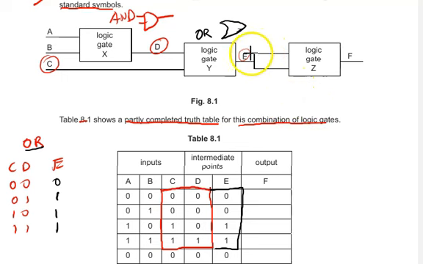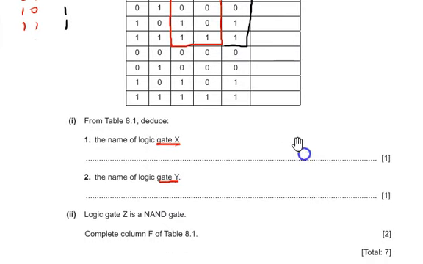And the OR gate's signal is divided into 2, and that goes to the logic gate Z. So we just have to write it down here. This is an AND gate and this is an OR gate for Y. Okay, logic gate Z is a NAND gate.